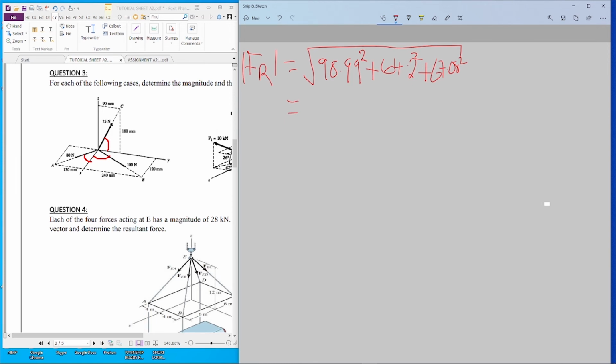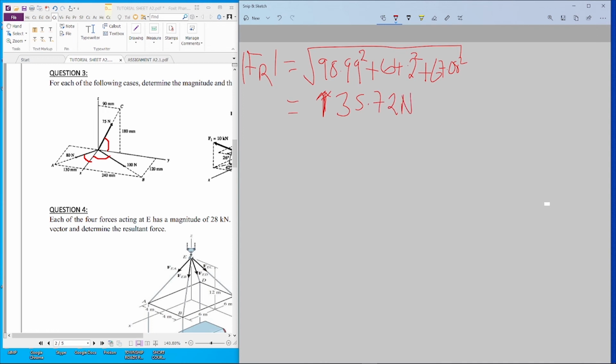And this, if you haven't made any mistake, you should have 135.72 newtons.